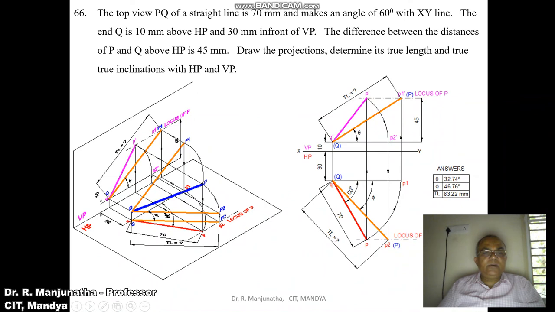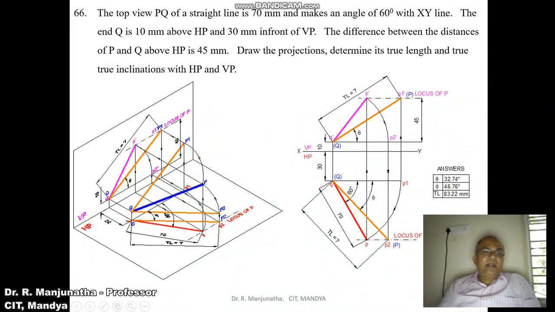So once you know the point, once you know the line which is Q and P, now we need to find out the true length. To find the true length, first we will take up the top view. Here with Q as center, taking the radius QP, you rotate such that P1 and Q will both be in front of VP by 30 mm.